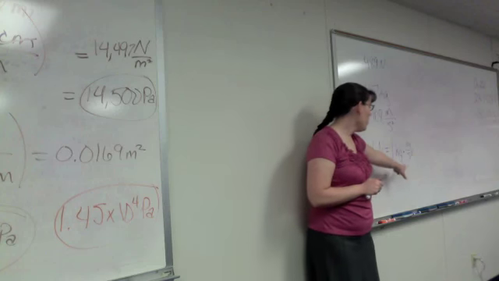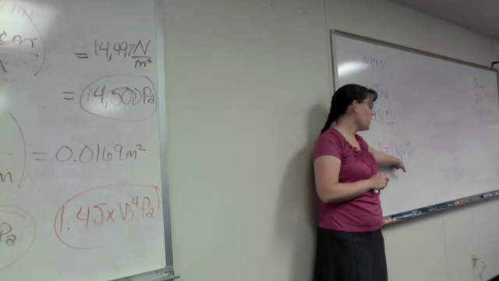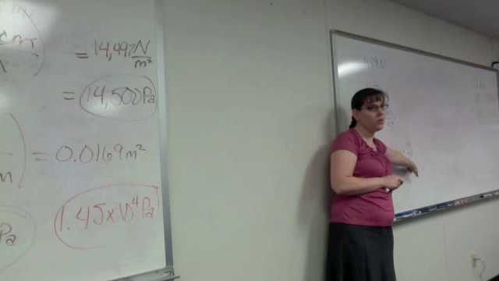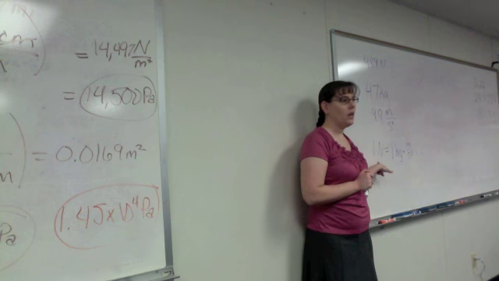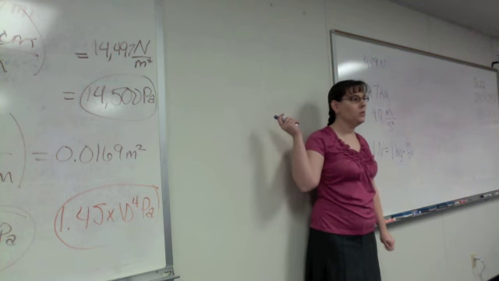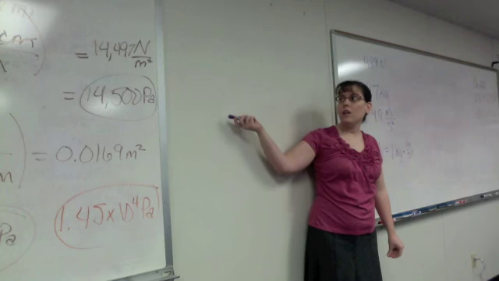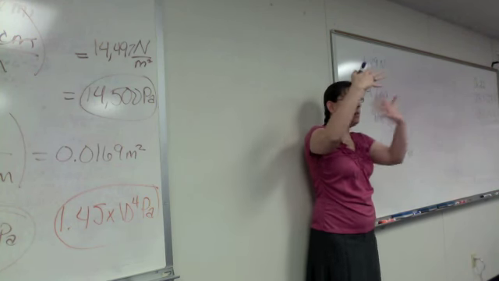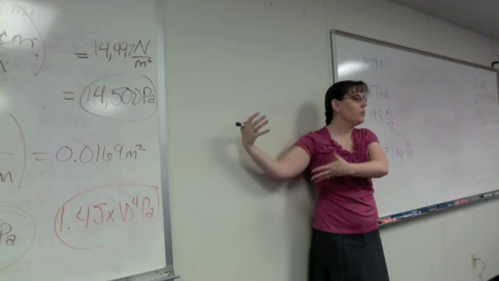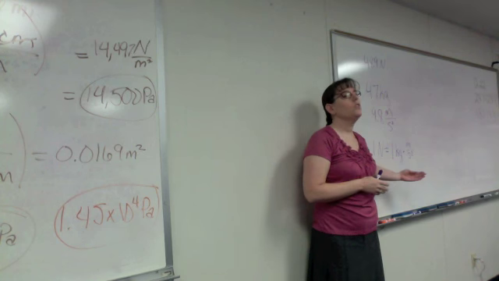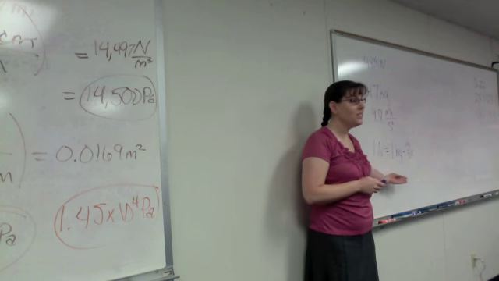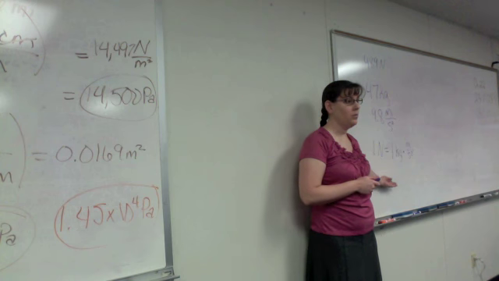You know that you have to multiply kilograms times meters per second squared to get the right units. Same thing with the Pascal problem. You know by looking at it, you've got to get newtons divided by meters squared in order to get your pressure. So by knowing the right units, you know how to do the problem. This is a simple multiplication problem.